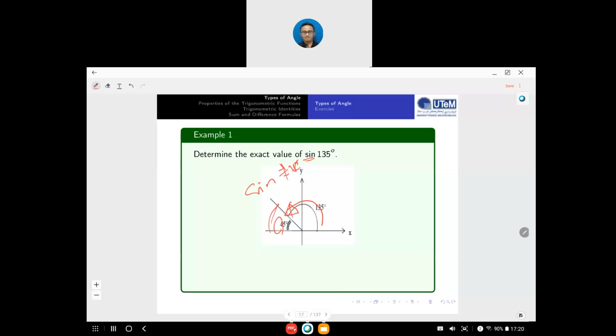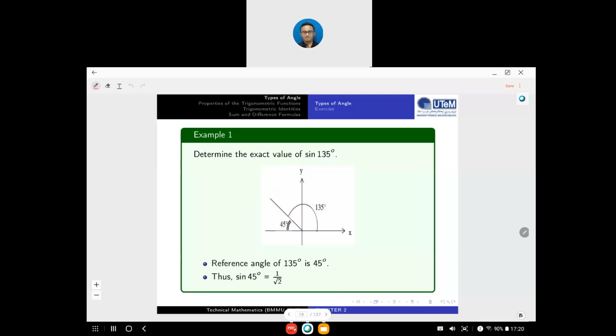Okay, so you can get reference angle 135 is 45, so you can find sine 45 only. Okay, by using the special triangle, we know that sine 45 equal to 1 over root 2. Remember, you cannot use calculator. Okay, you must use the value in a special triangle. Okay, boleh? Okay, that one for example 1.